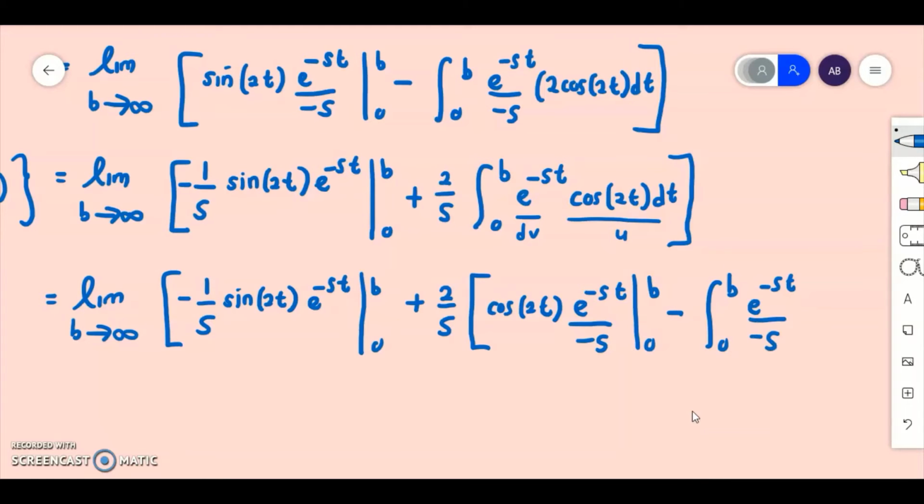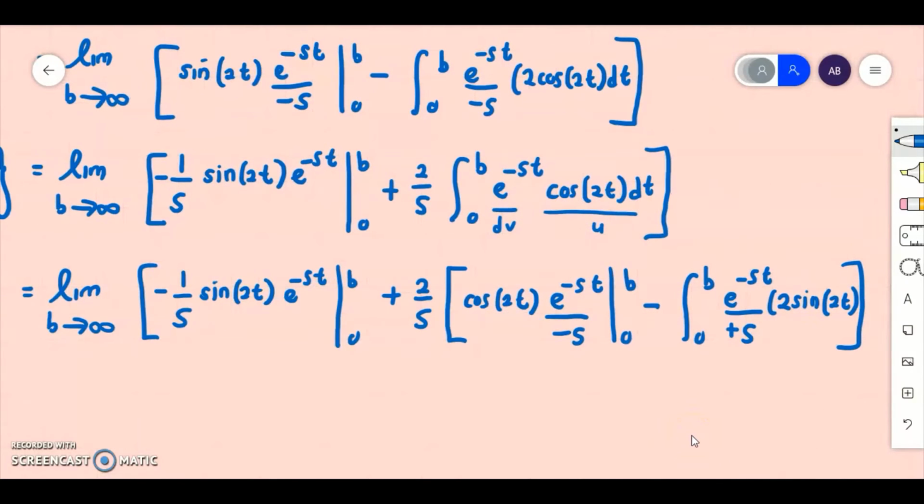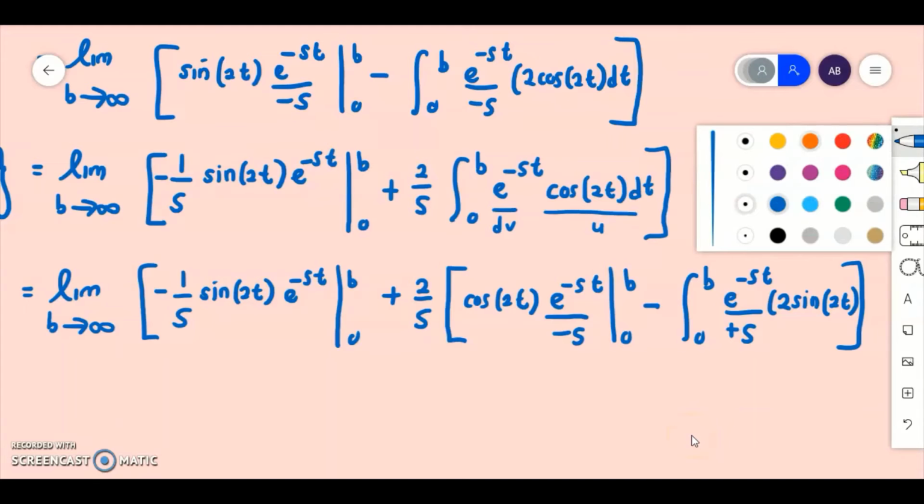Now du is the differentiation of cos 2t. That will give you 2. Differentiate cos will give you negative, so this will become positive sine 2t. Okay, so look at this. Let me just recall what I've done if you are getting a bit confused.